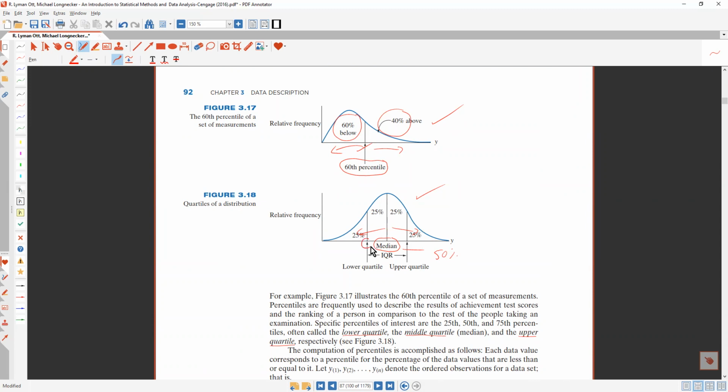These here are called quartiles of the distribution. We have the first quartile, that's the first, or the lower quartile, and that's at the 25th percentile. And then we have the upper quartile, which is at the 75th over here. And the median is that 50th. So that's what we need to understand about percentiles.